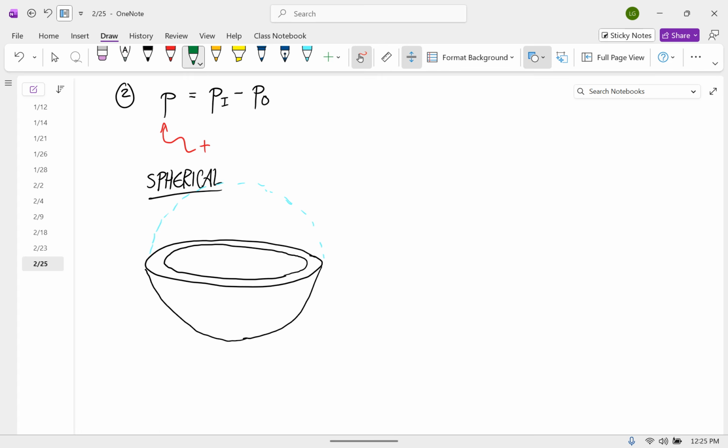So what forces are being applied to this bottom half? This is all fluid in here. And so there is pressure acting on the fluid that's in our chosen part, applied by the fluid that's excluded from our chosen part. Okay.